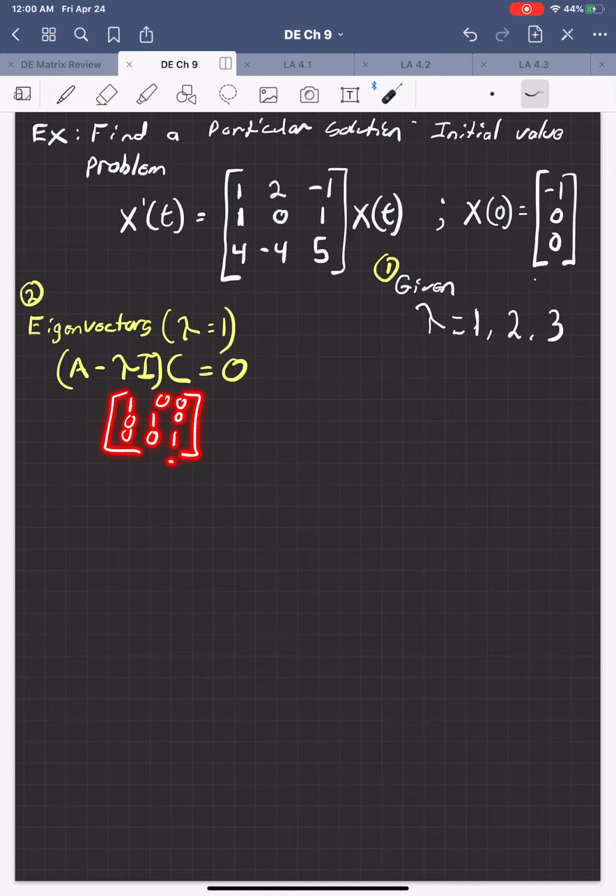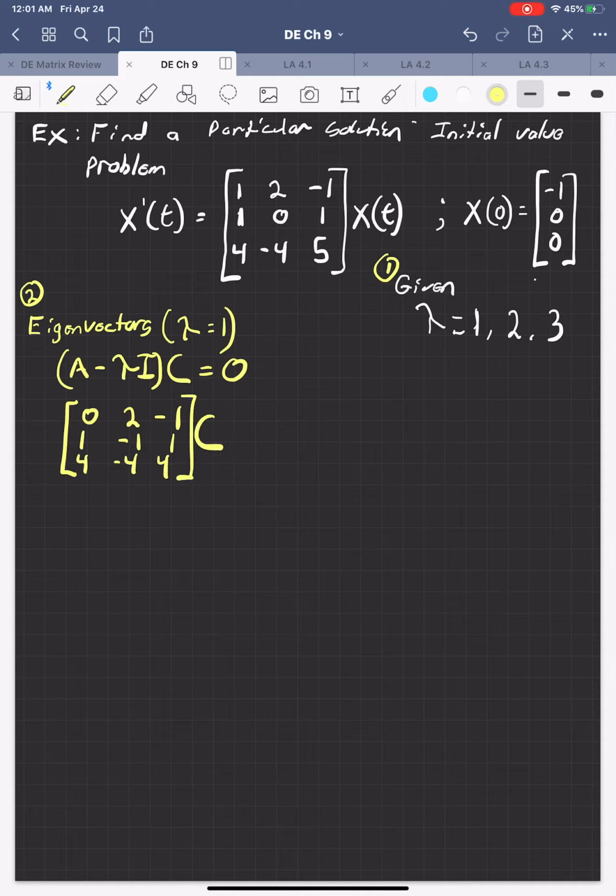I'm going to go ahead and subtract these, so that after we do our subtraction, we would have 0, 2, negative 1, 1, negative 1, 1, 4, negative 4, 4, times c, equal to 0.